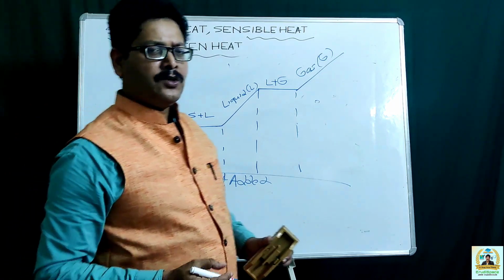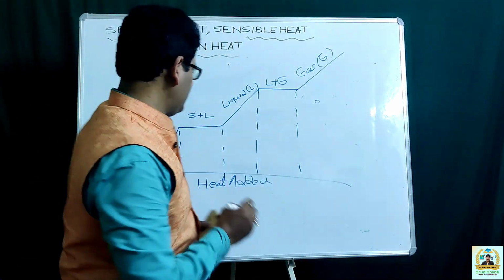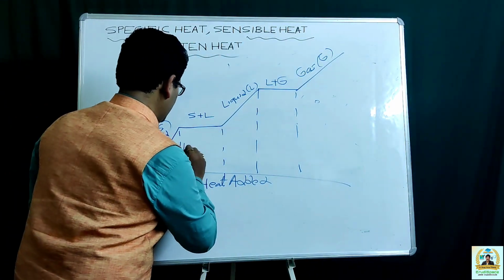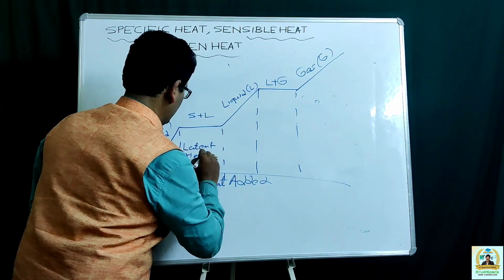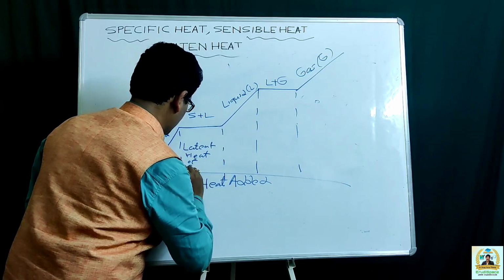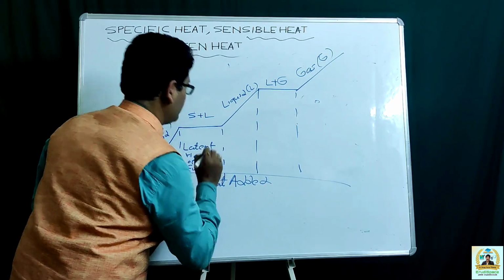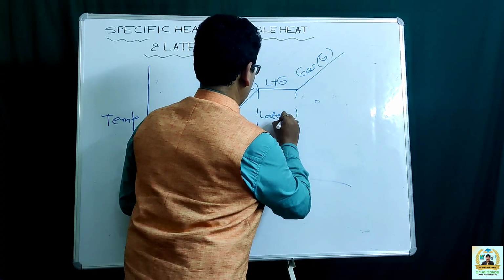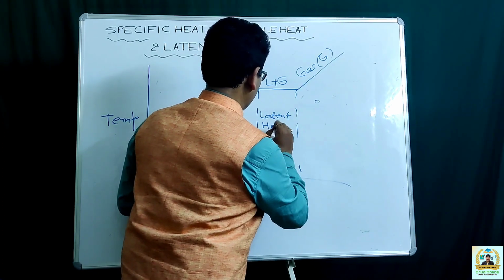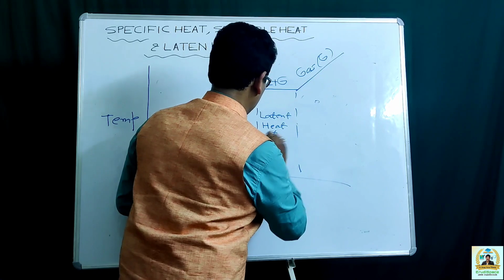Now, we do have two latent heats. This is called latent heat of fusion. This is called latent heat of evaporation.